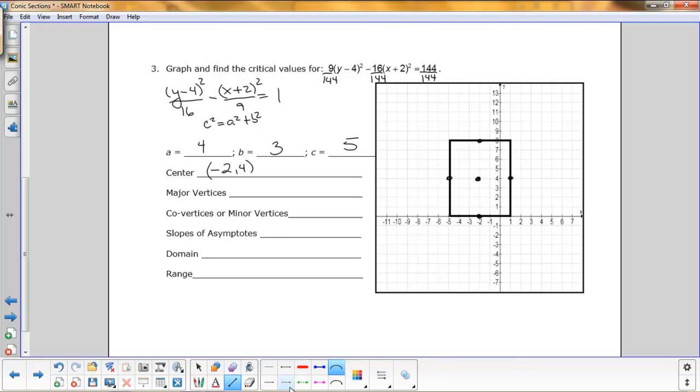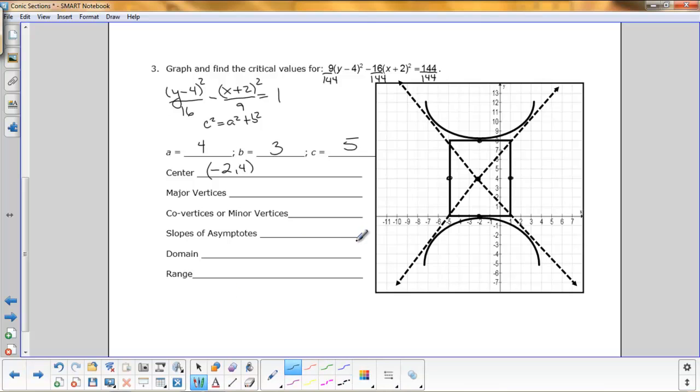Draw my asymptotes. Sketch my hyperbola. And now I can fill in my critical values.